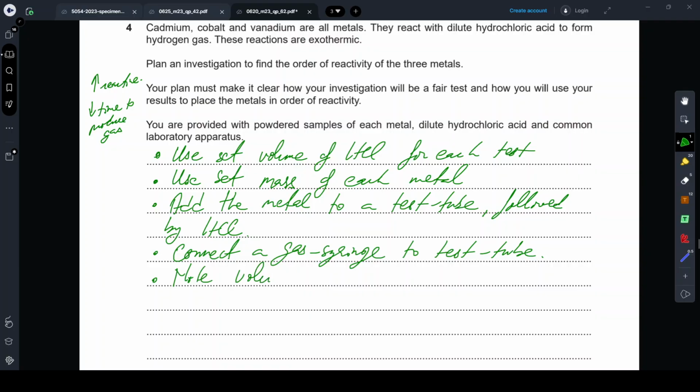Note the volume of gas collected after a set time period.